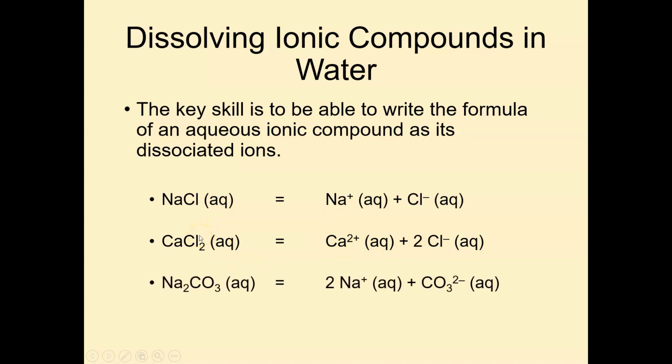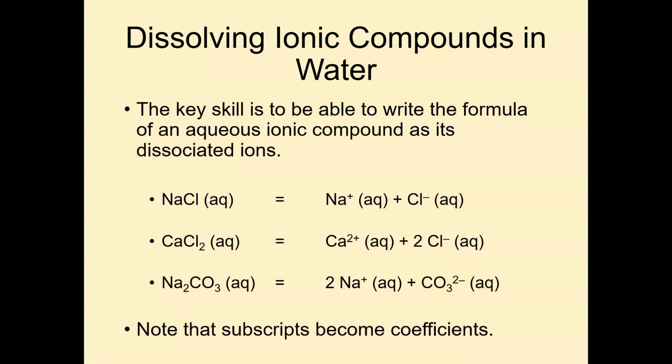And if I extend this out to sodium carbonate, 1 mole of sodium carbonate, when dissolved in water, dissociates to give me 2 moles of sodium, because the sodium has a subscript of 2, and 1 mole of carbonate. Remember, carbonate is a polyatomic ion, so it all sticks together.